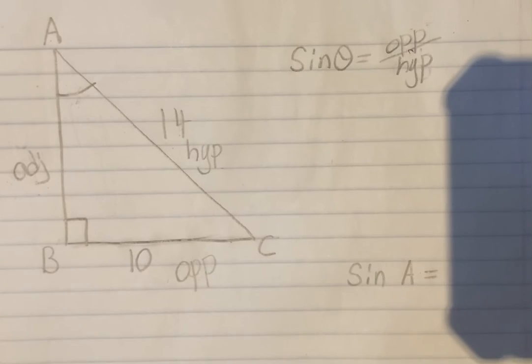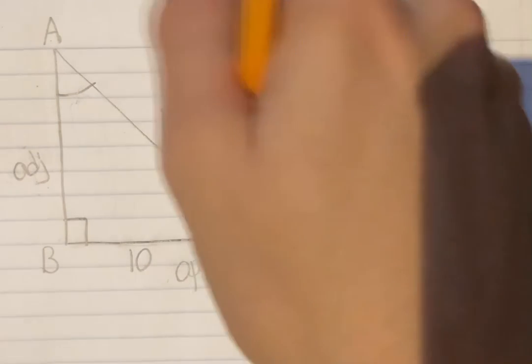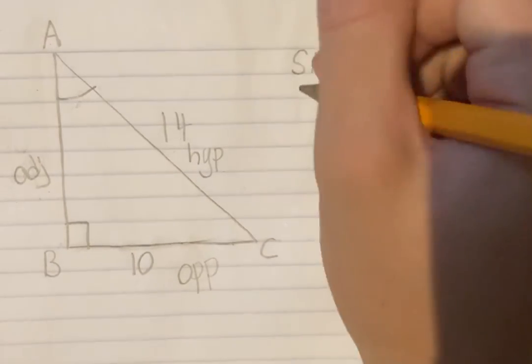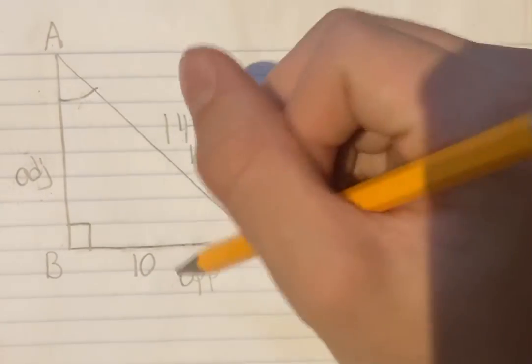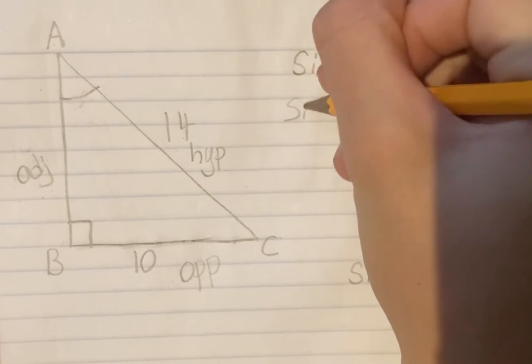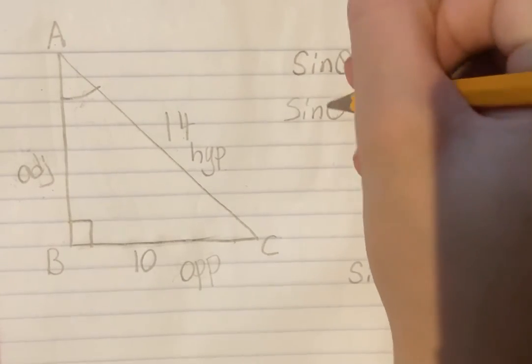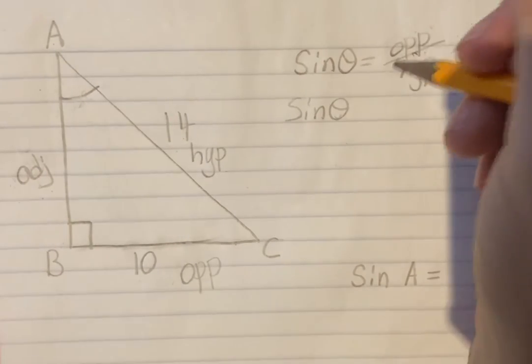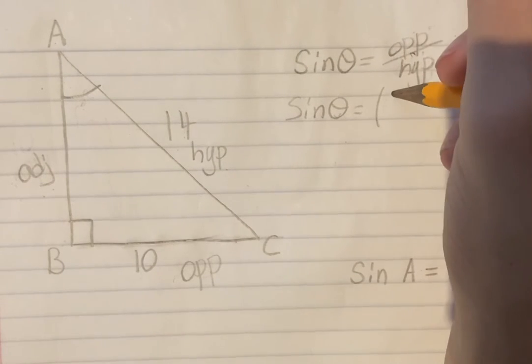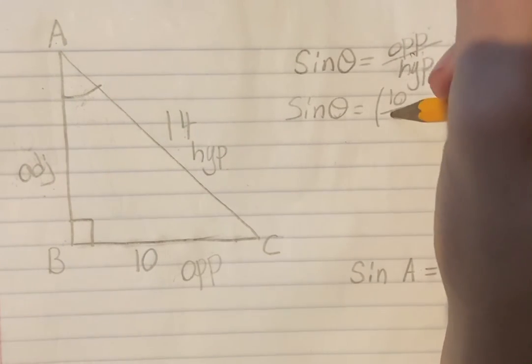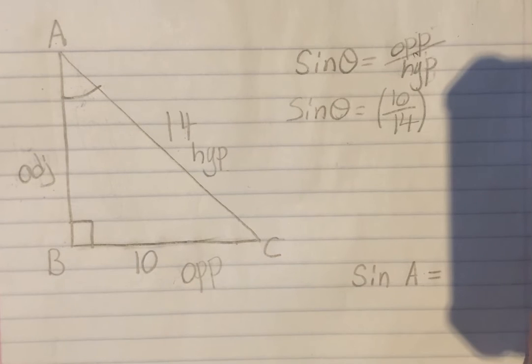So now all we need to do to find the indicated angle is just plug in on your calculator. Click shift or second. My calculator has a shift button, and then click sine, and then you just click sine brackets 10 over 14. Sine theta, an unknown number, equals brackets 10 over 14.